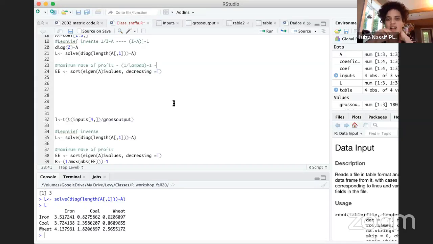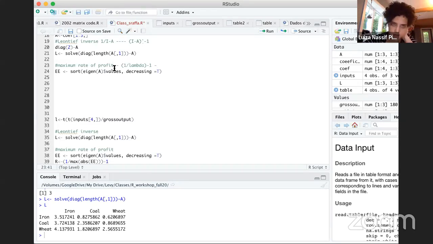Basically, the number of eigenvalues you have on a table is the rank of your table. So if you have a 3 by 3 table with 2 eigenvalues and the third is 0, this means the third column is linearly dependent on the other 2. It might be the sum of the other 2. Okay.